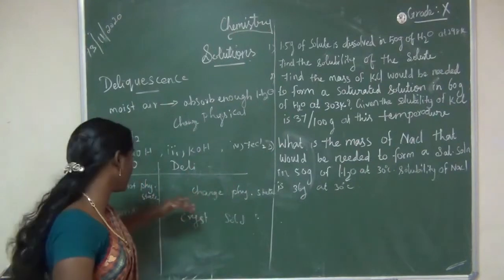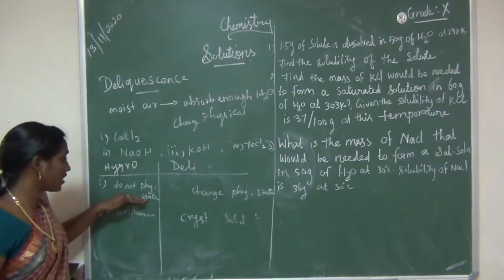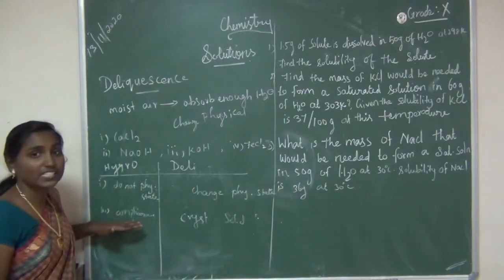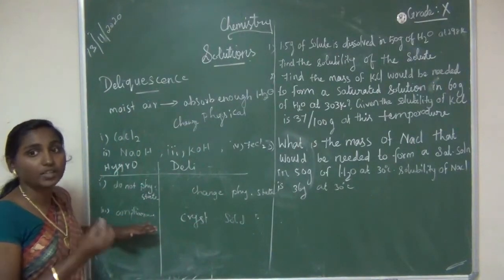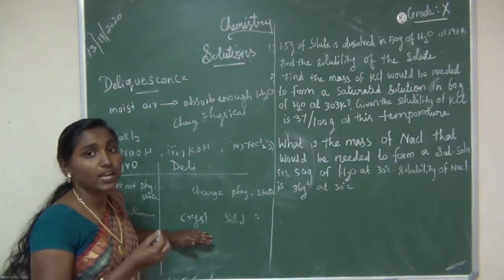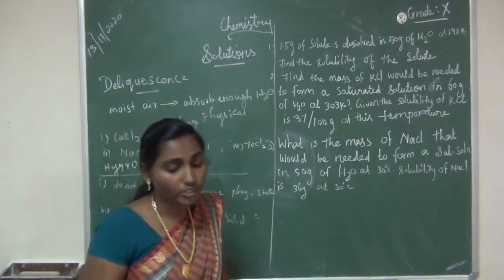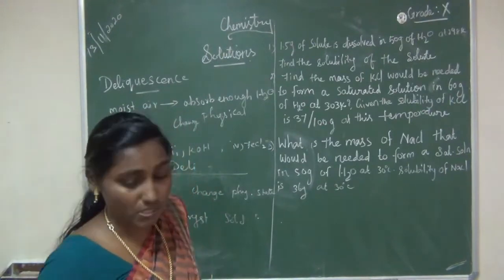Then the second point: hygroscopic does not change its physical state, deliquescent will change its physical state. Third point: hygroscopic is an amorphous solid or liquid, deliquescent is a crystalline solid. Have you understood?